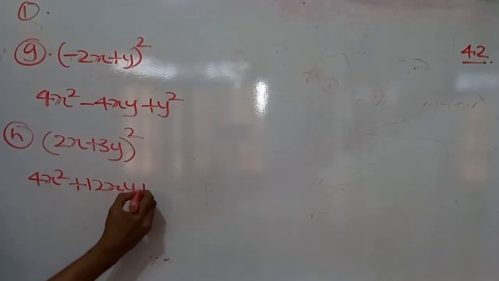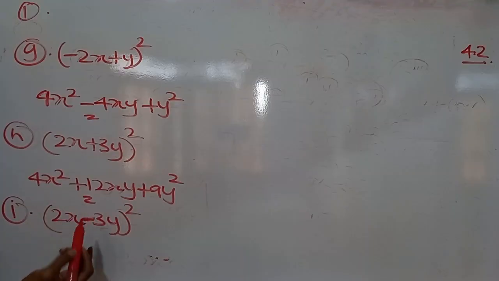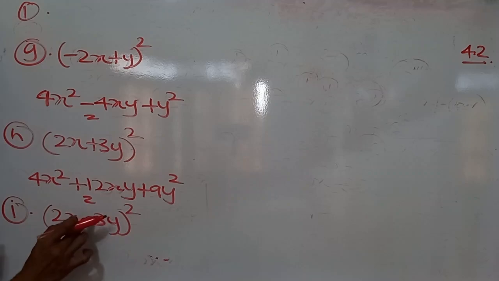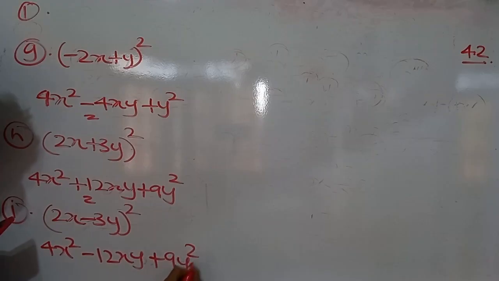Plus 9y squared. So here we have a minus, so definitely a term comes with a negative value. So 2x squared, so this becomes what? 4x squared, right? Then when we multiply these two, we get what? 6xy, negative 6xy, multiply that again by 2, negative 12xy, plus 9y squared.